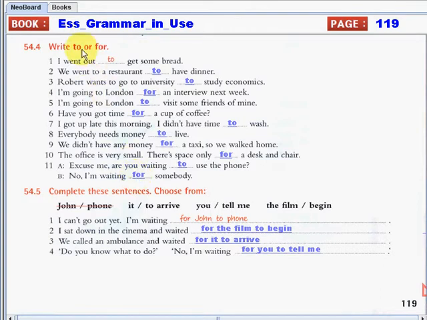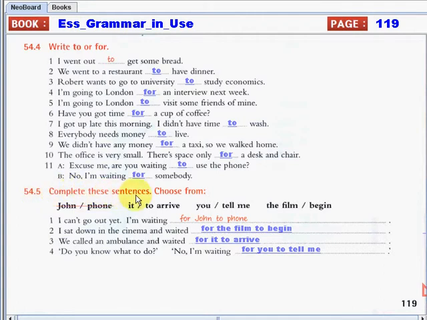Again, we use the word to to indicate a subject or an object of the action in a sentence, while we use for to indicate the purpose or the aim of the sentence. Okay, so let's go now with 54.5.